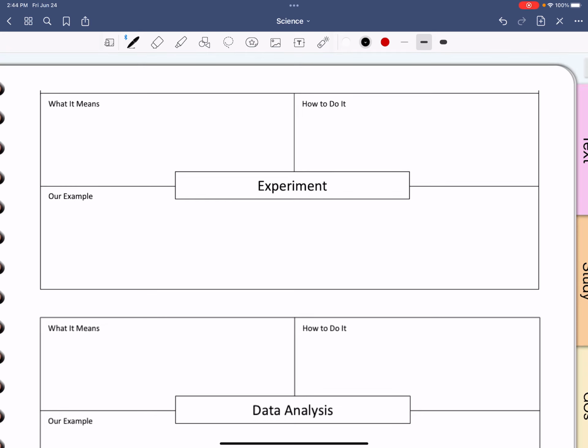Experiment means to develop a plan and then use the plan to test the hypothesis.